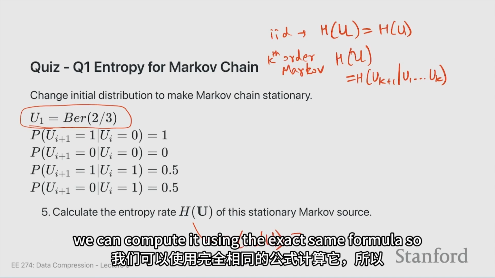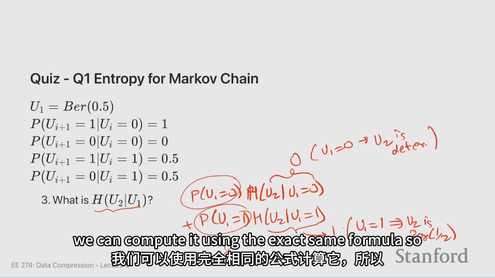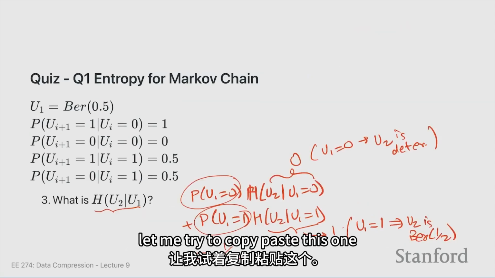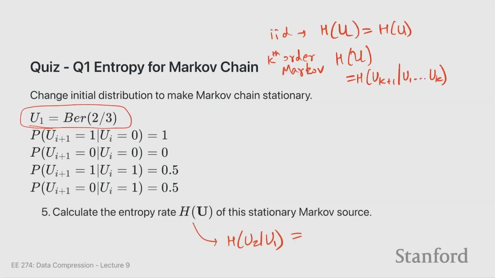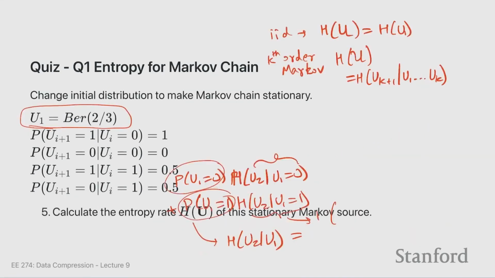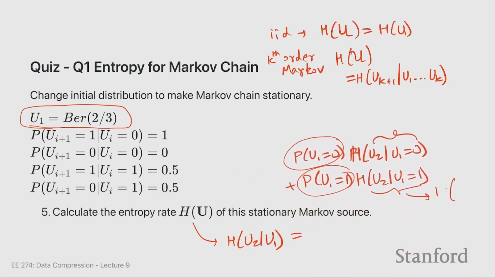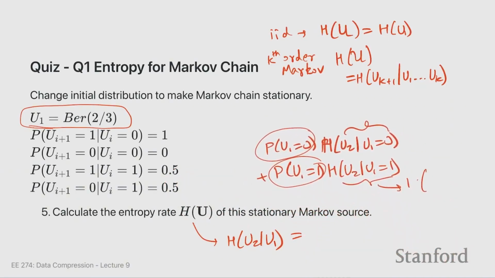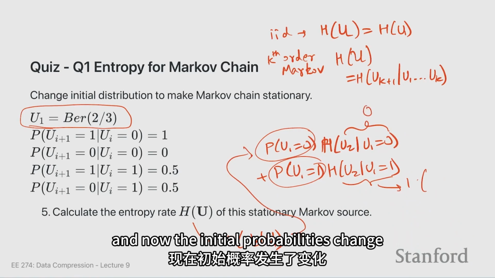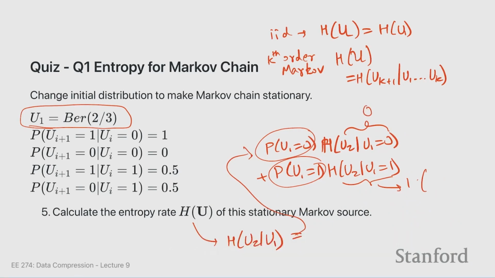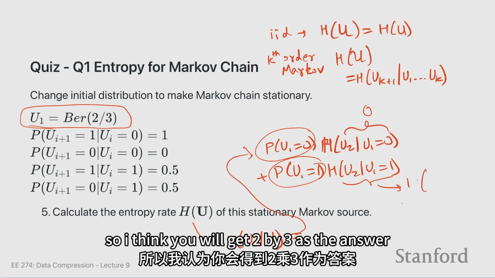Now we can compute it using the exact same formula. So let me copy paste this one. Again, these stay the same. Now the initial probabilities change. So I think you will get 2/3 as the answer.